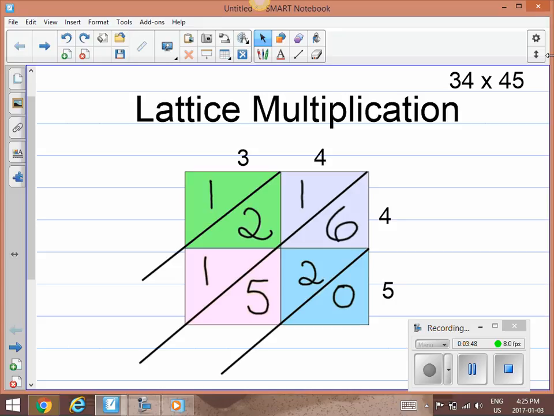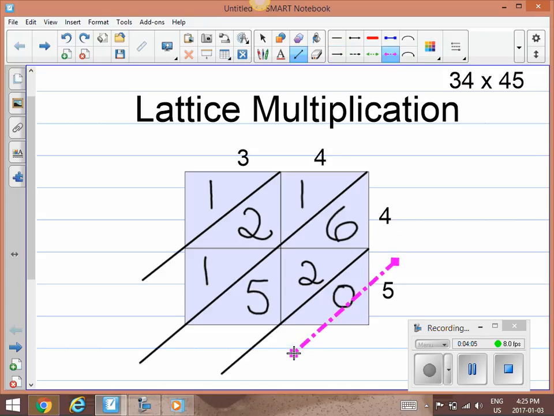So now that we have all our values filled in this table, I'm going to turn them all the same color so we can use this to add. We're going to add the diagonals, as we said. Our first one is pretty simple. 0, and nothing to add to it is a 0.